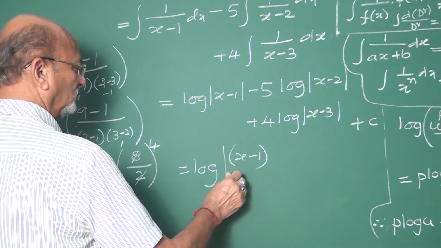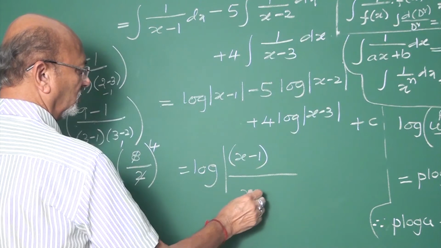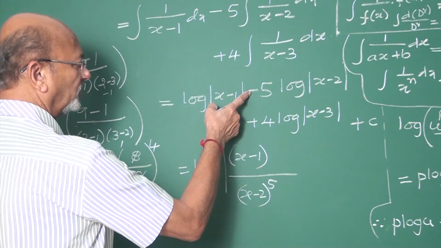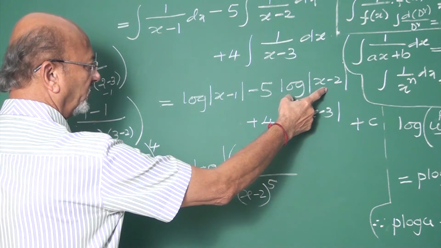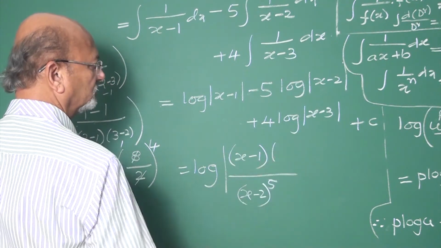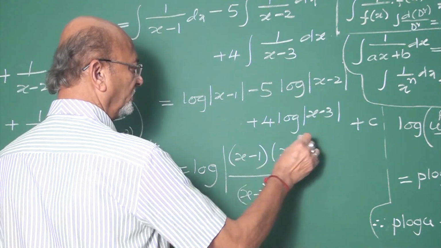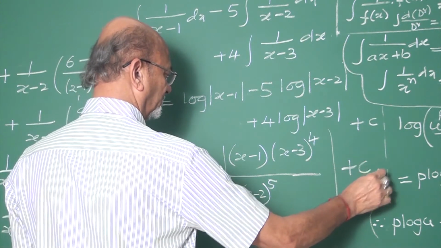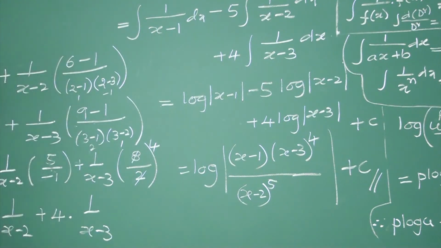Plus, you write above. Minus means down, the coefficient becomes power. It is x minus 2 to the power 5. Plus means product, x minus 3, the coefficient is the power. Plus c right here, if you want. Make a habit of writing plus c.